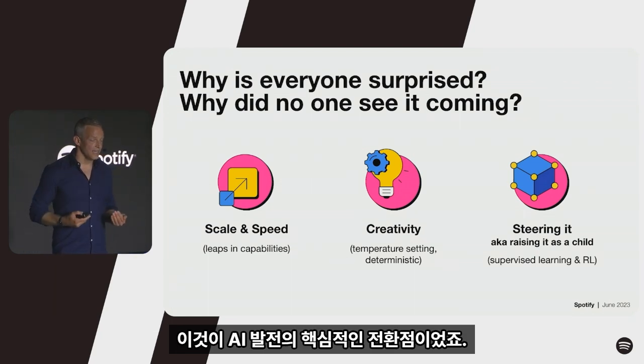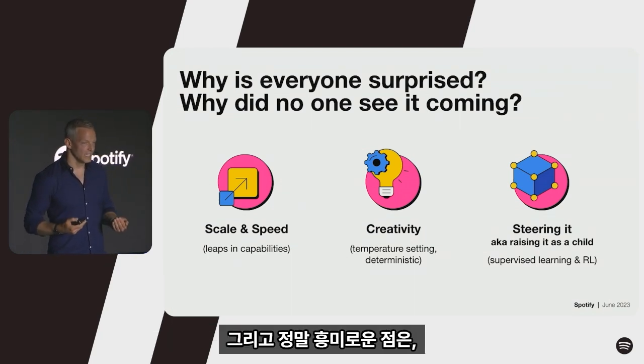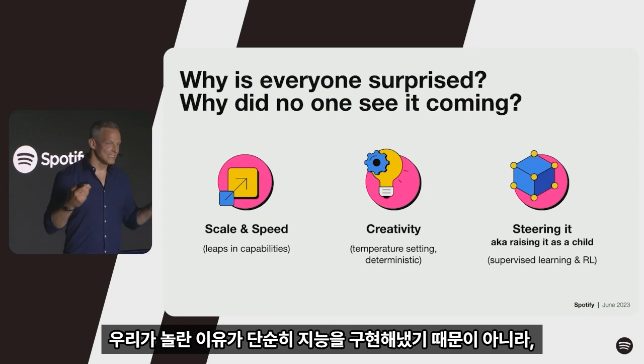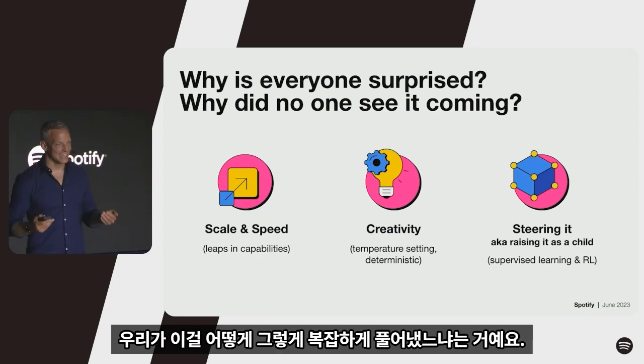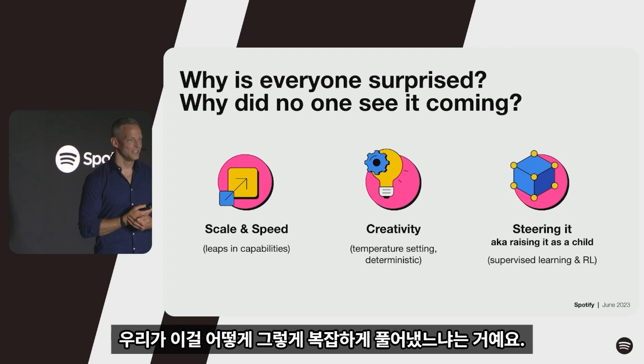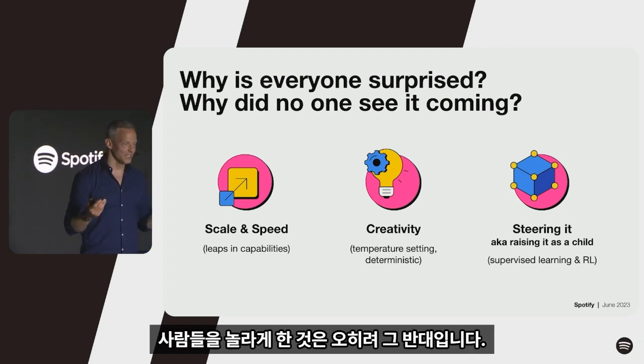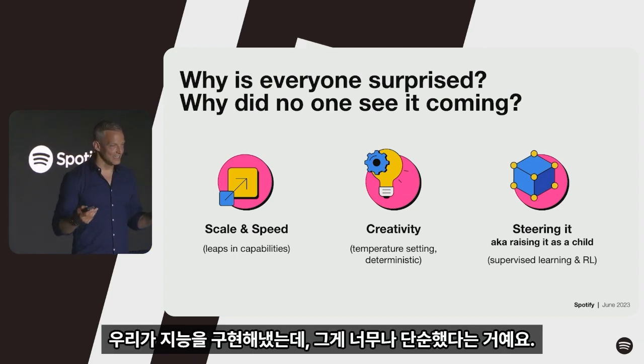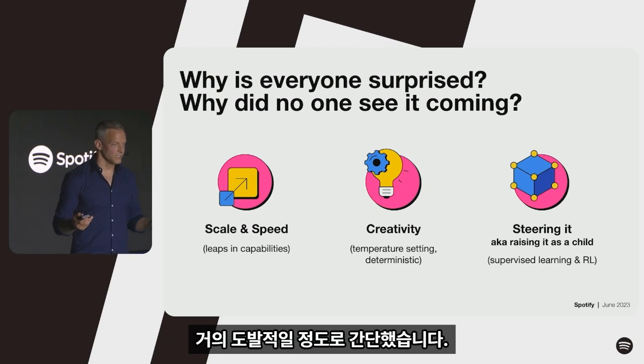And I think what is really interesting here is that we finally managed to crack intelligence, and what surprises people is not how complicated it was, but actually the opposite: that it was so simple. It's almost provocatively simple.